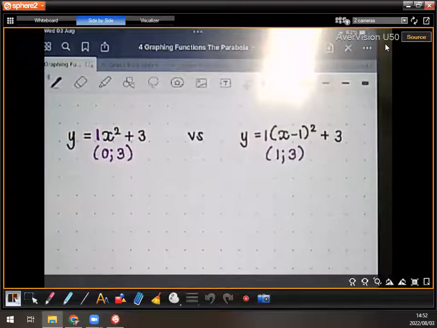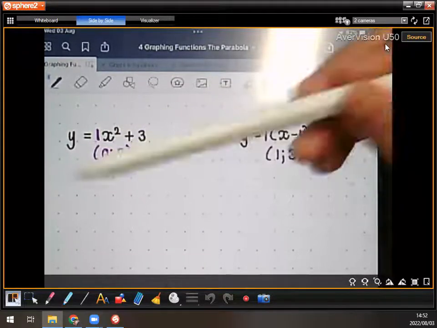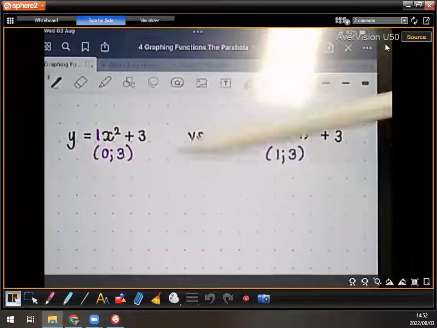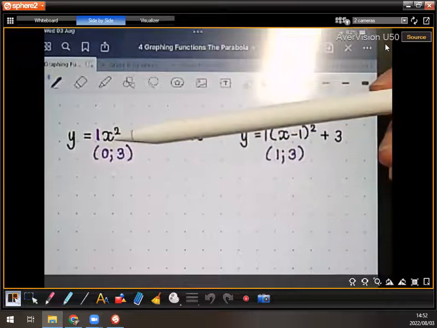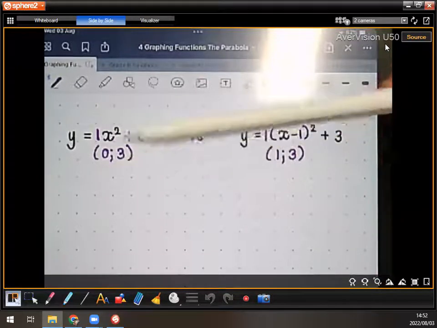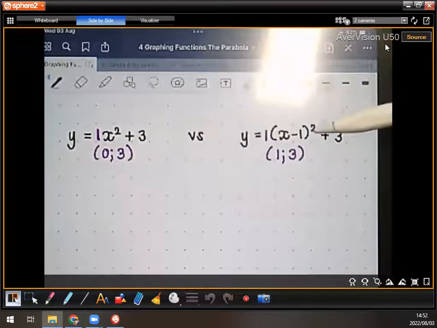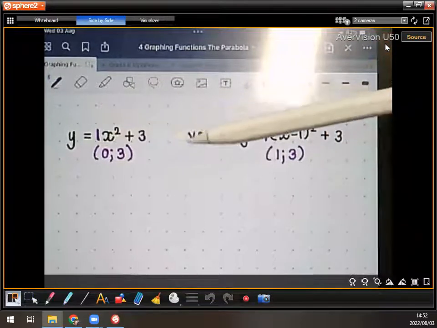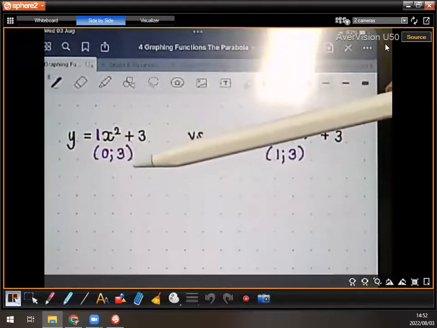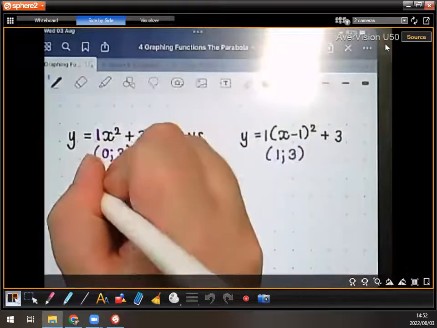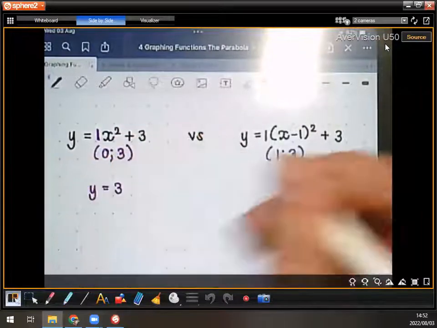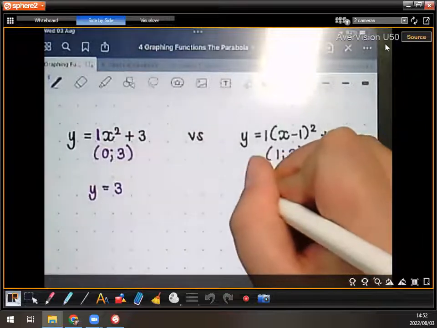Another way, I went to a workshop once and the instructor also gave us a way of explaining it, but I thought it was a bit complicated. But say I want the same x value, the same y value from this equation and from this equation. So if I want y equals 3 from this equation, then what must I sub in?